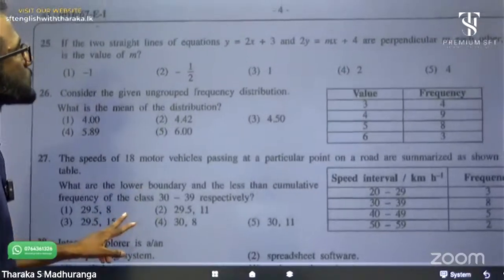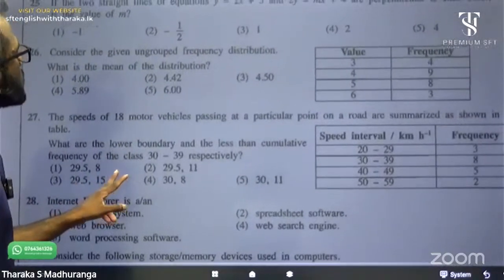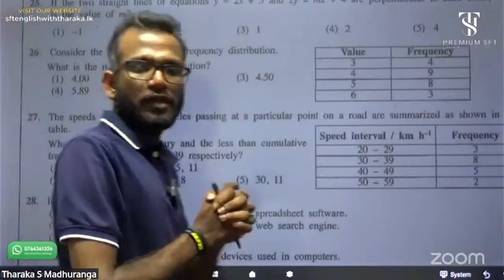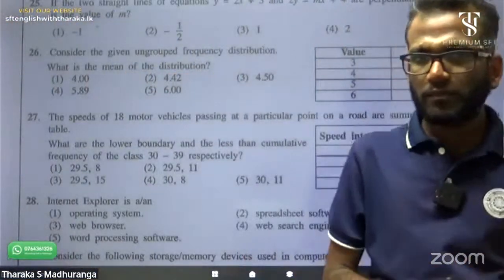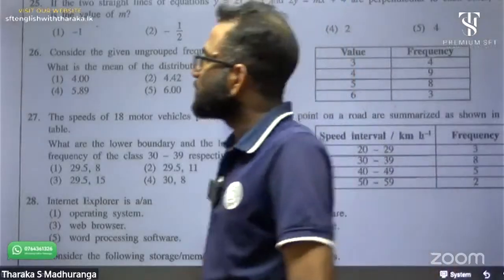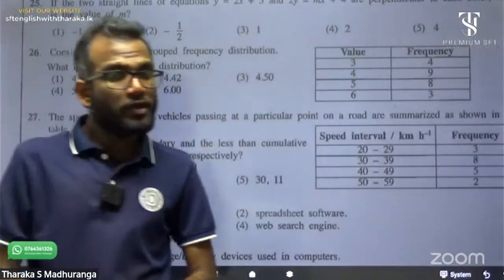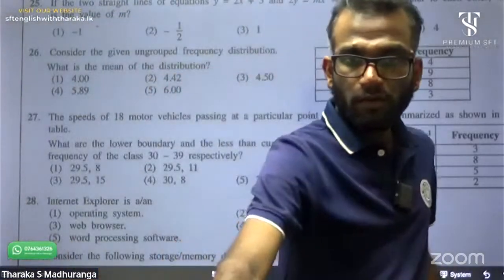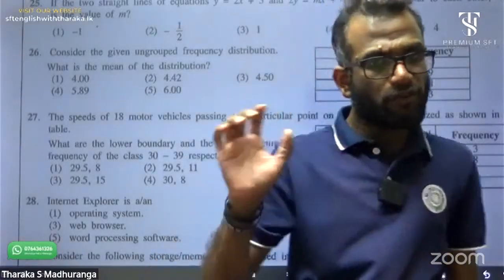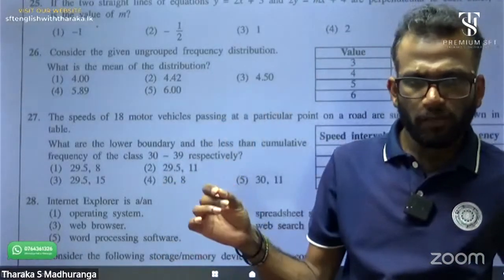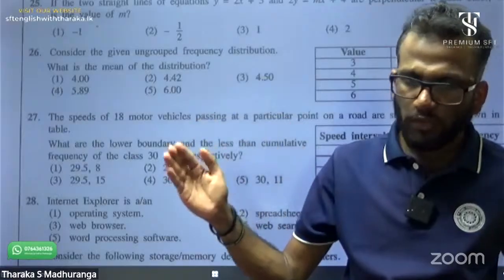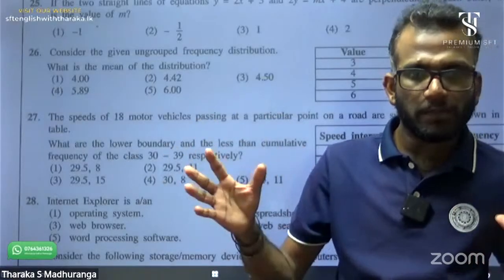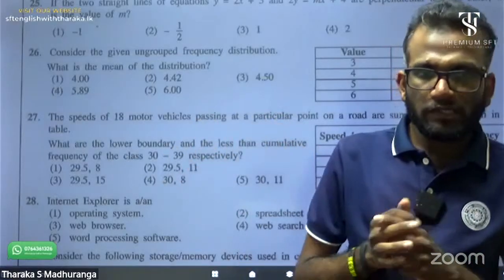Consider the given ungrouped frequency distribution. You have to get printouts, okay? I will give you the 2025 paper. 2015 to 2024, you have 10 past papers. You have to get printouts.